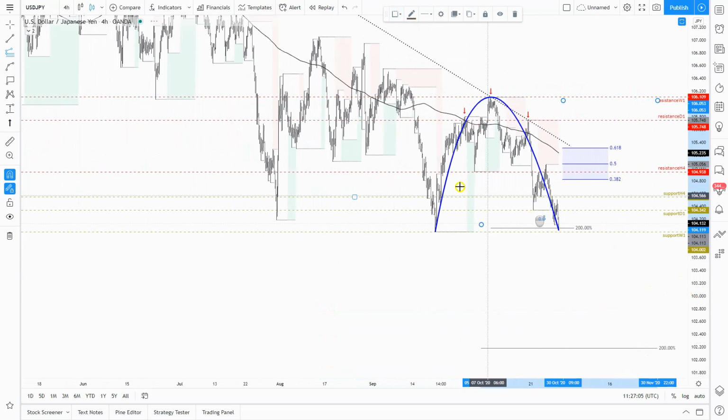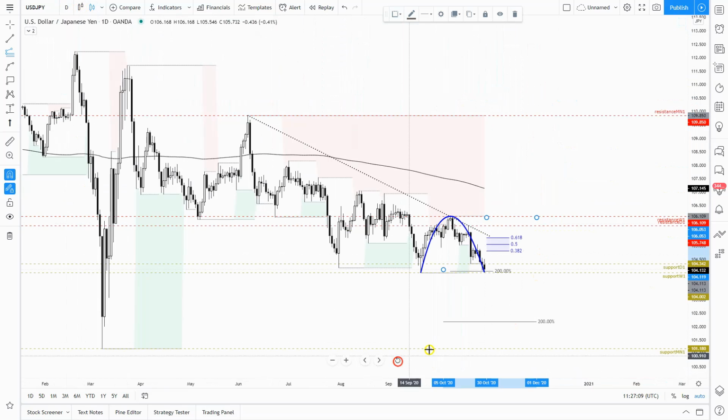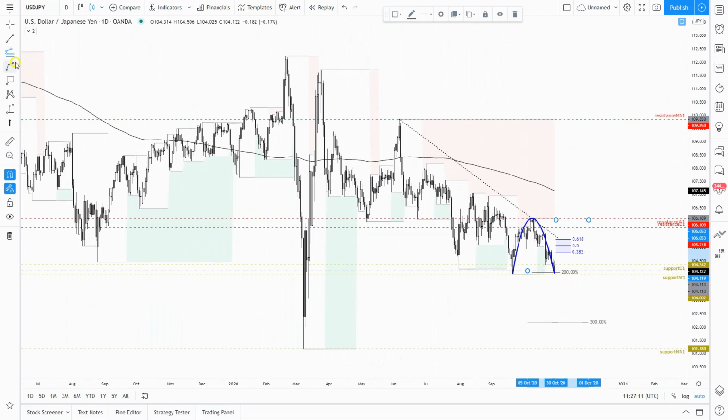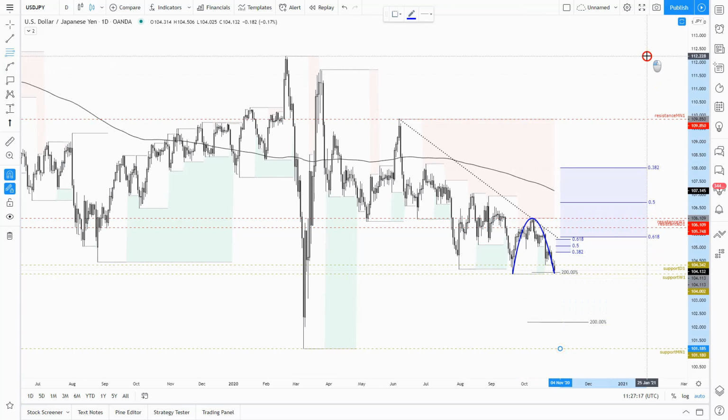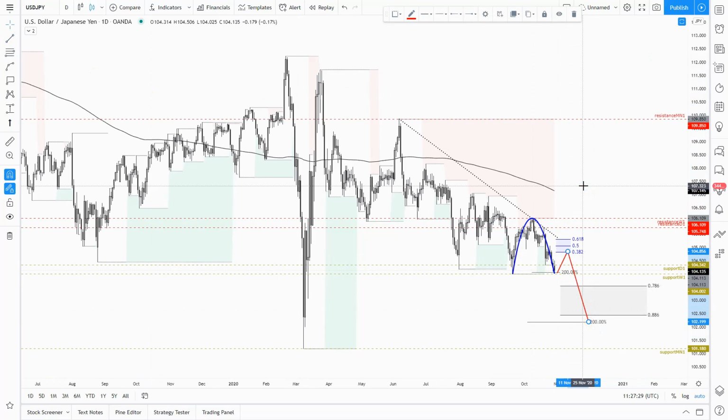That's a huge fall. It's a huge fall for the dollar versus yen if the market decides to create that cup and handle there.